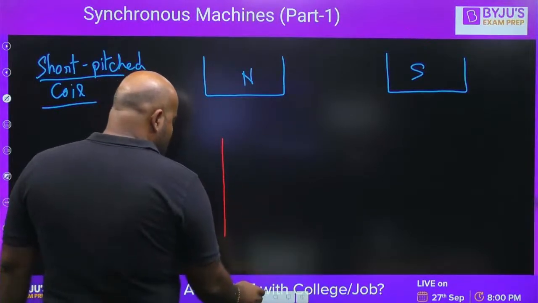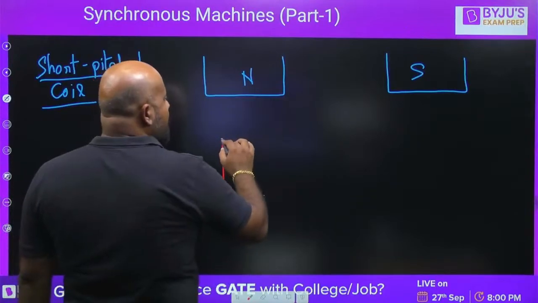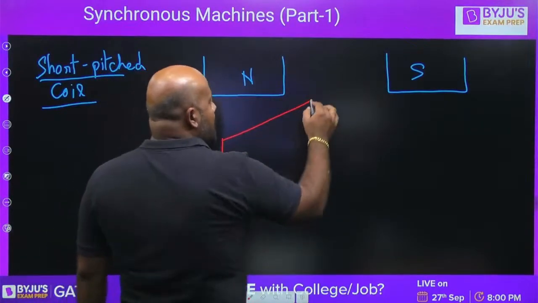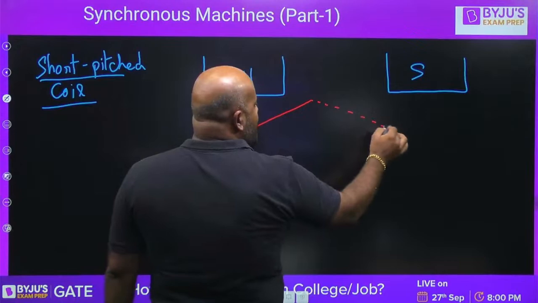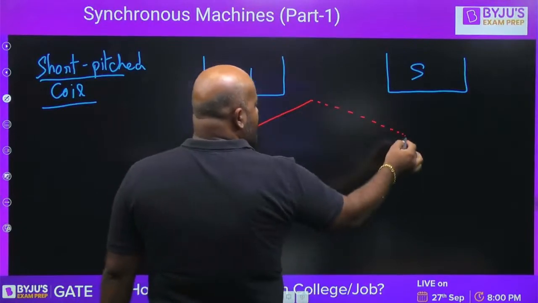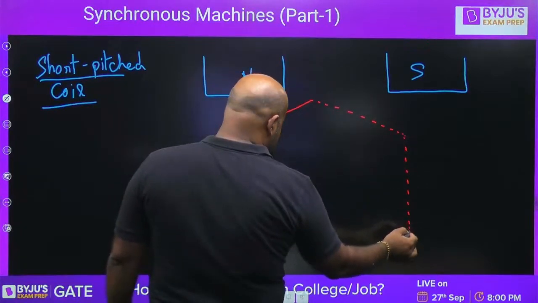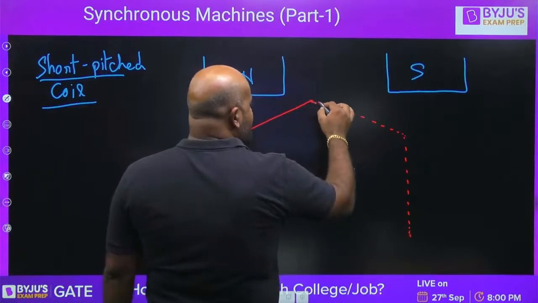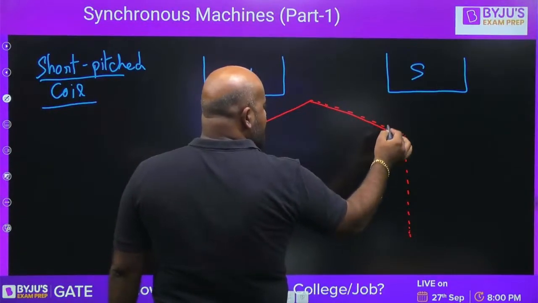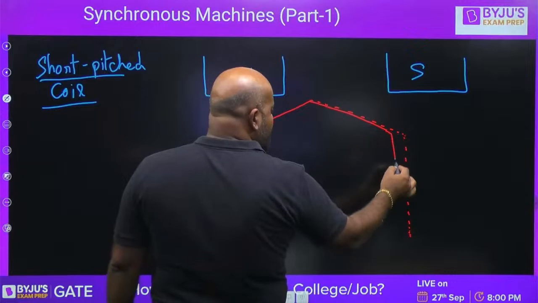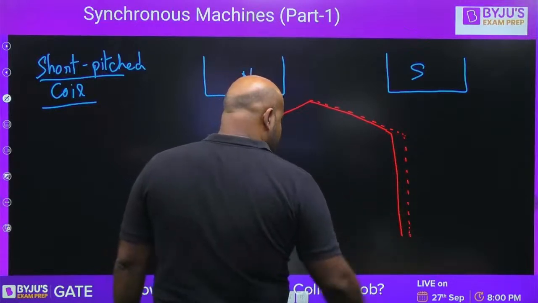Under the north pole it is okay, but instead of going to the full pitch like the previous case, we are going a little less.